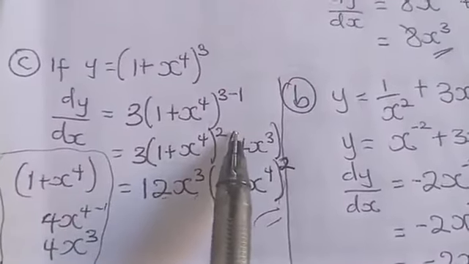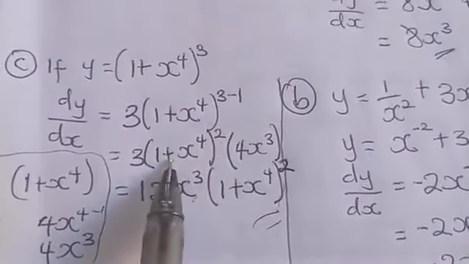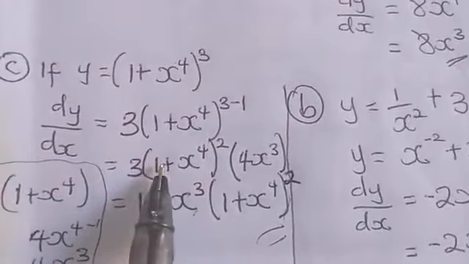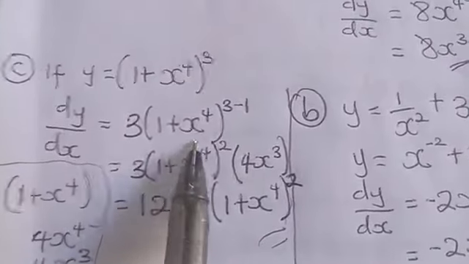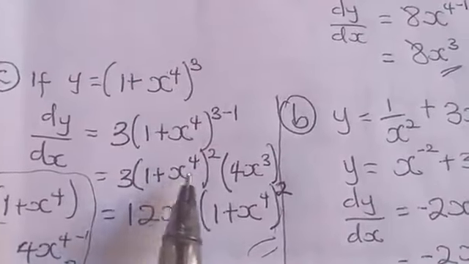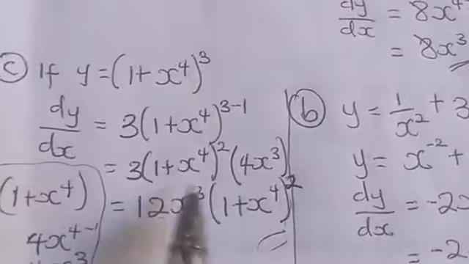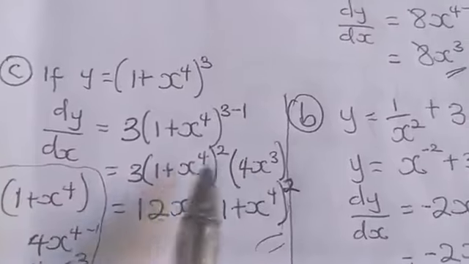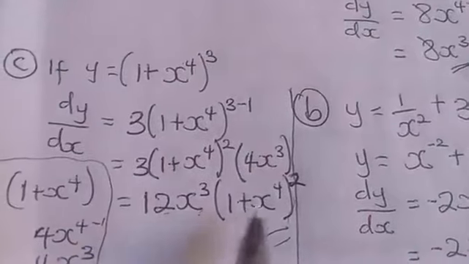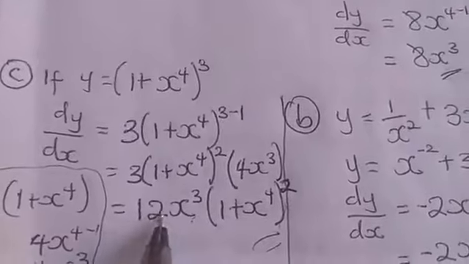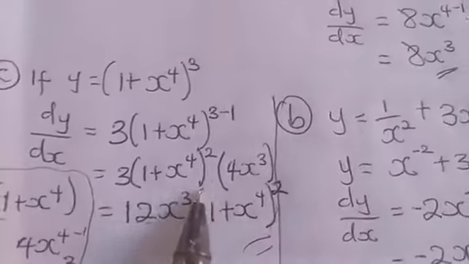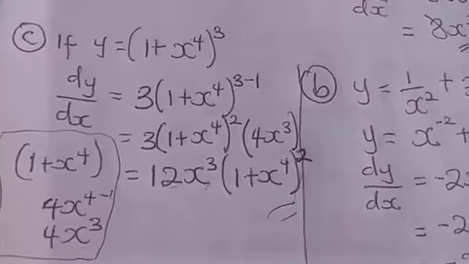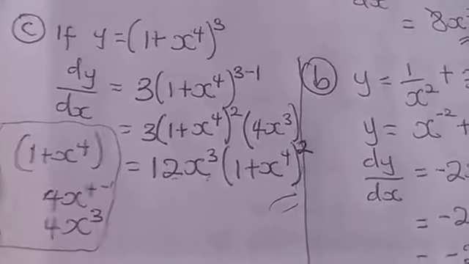Now, also using chain rule, you have to find the derivative of the content of the bracket, of which the derivative of 1 is 0, and the derivative of x raised to the power of 4 is equal to 4x raised to the power of 3. When we multiply it by what we have here, we are going to have 12x raised to the power 3, bracket open, 1 plus x raised to the power 4, bracket close, raised to the power of 2.